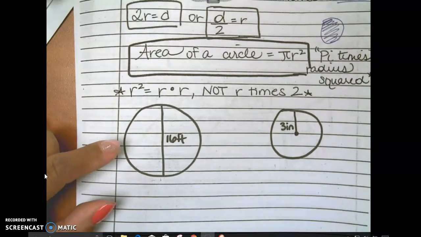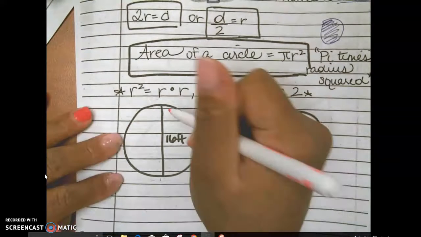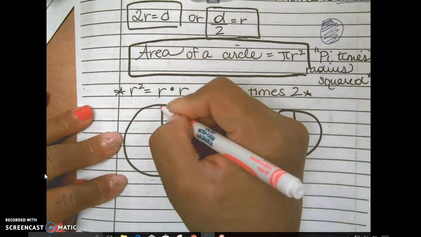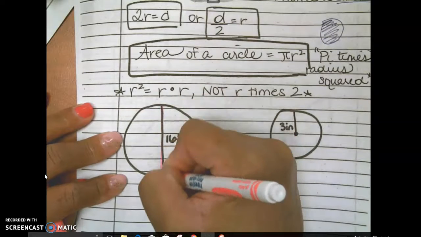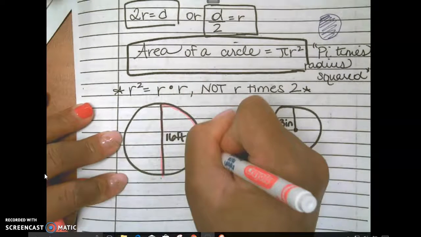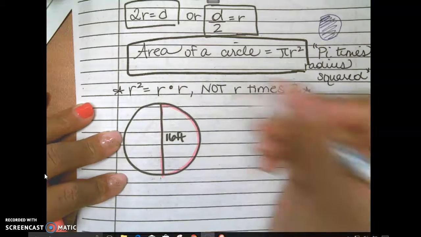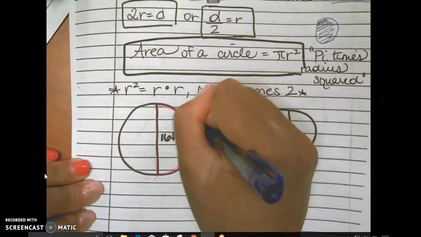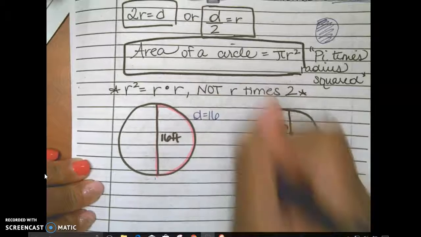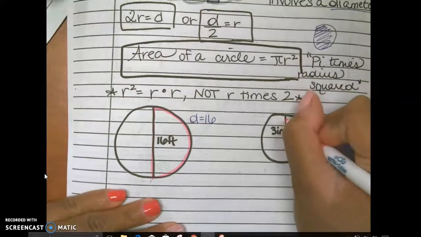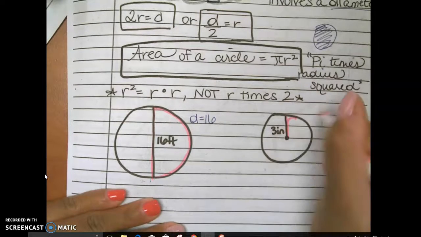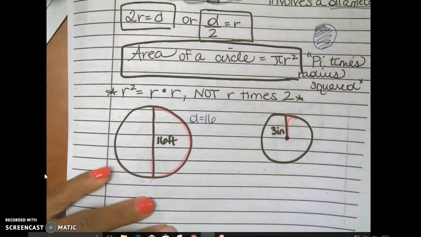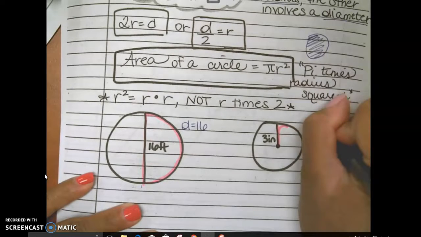If you recall from your notes from yesterday, what letter have I just traced? D. So this is the diameter. Diameter over here equals 16. So what letter would be over here? R. So radius would be 3.